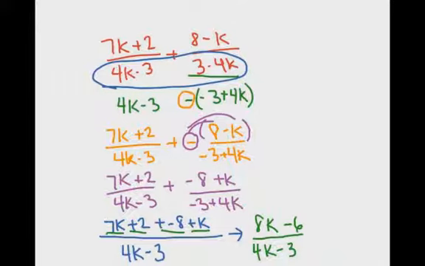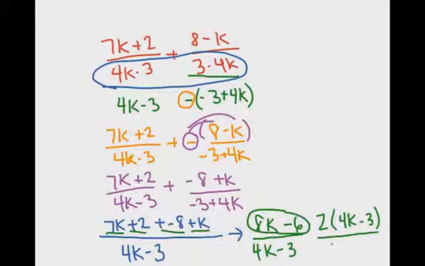So we are going to find the greatest common factor of the top. Okay. So that would be 2. So we can pull out a 2, and we are left with 4k minus 3. And on the bottom we still have 4k minus 3. We can cancel out our 4k minus 3. So our answer is 2.